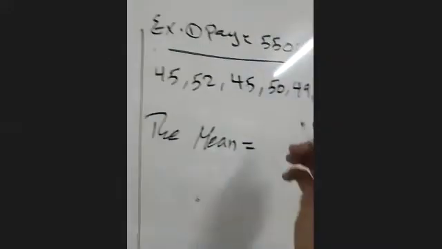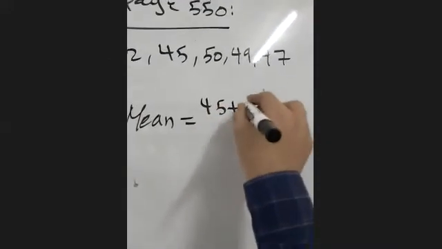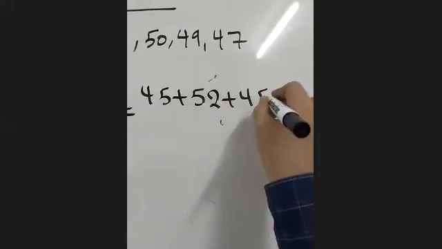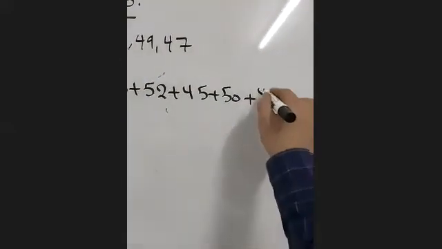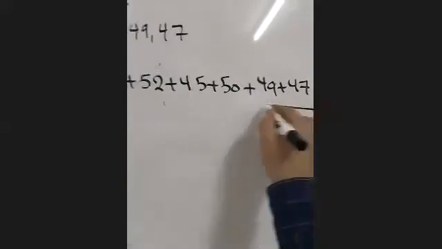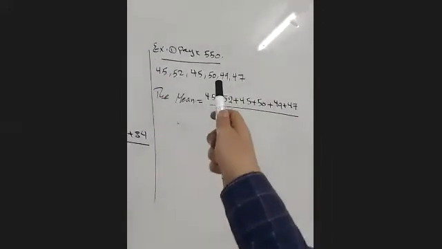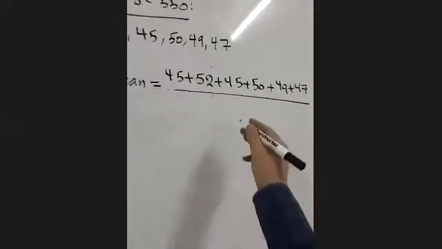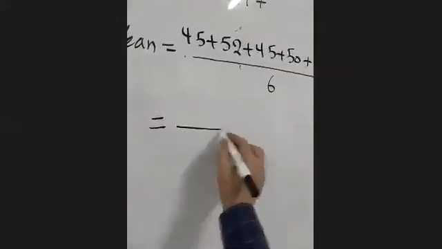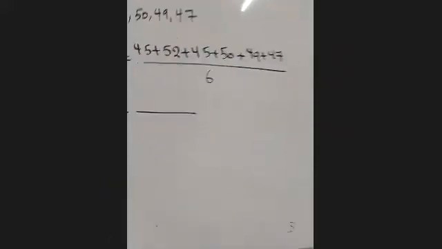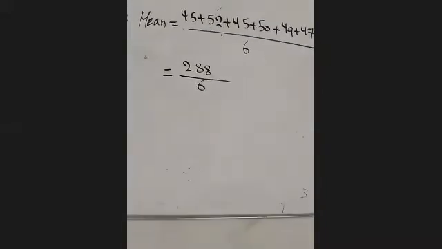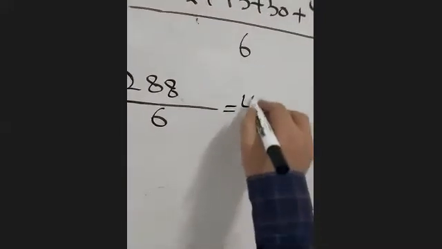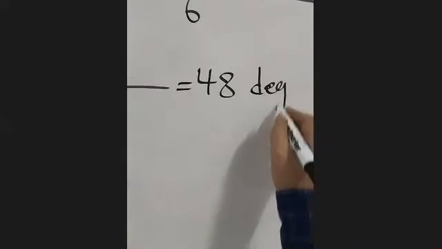So we add them: 45 plus 52 plus 45 plus 50 plus 49 plus 47, divided by how many values we have? 1, 2, 3, 4, 5, 6. The sum of these numbers is 288 over 6. Now make the division. The answer is 48 degrees.